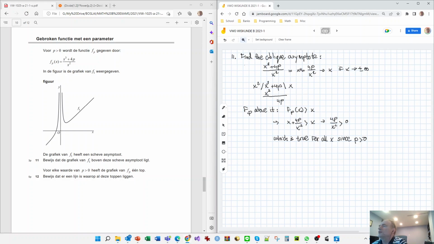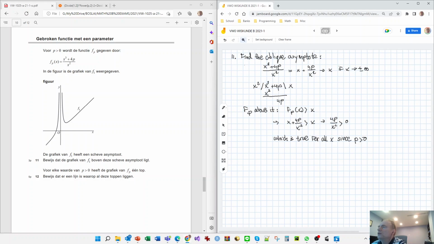But you can actually already immediately see that it's x plus 4p over x squared. And this will approach x if x goes to either negative or positive infinity. So that's the asymptote. y equal to x is the asymptote.